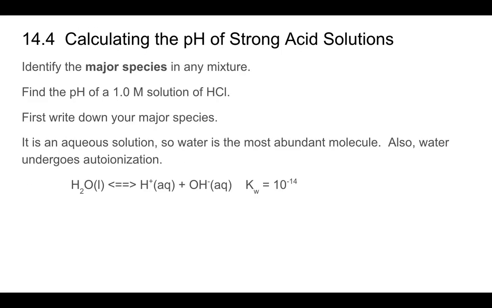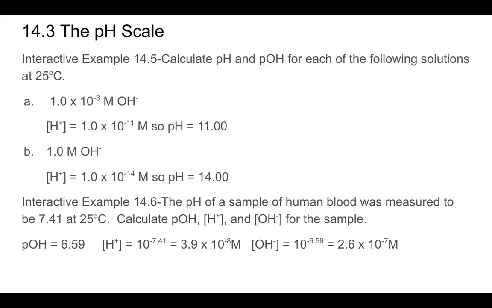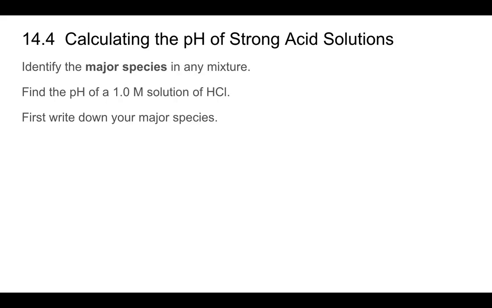So let's start with calculating pH for strong acid solutions. Now, with any of these problems where they ask you to find a pH, you want to first identify your major species in the mixture. So I'm going to be demonstrating that on each example problem that we do. Let's say that we have an example where we're supposed to find the pH of a 1.0 molar solution of HCl.